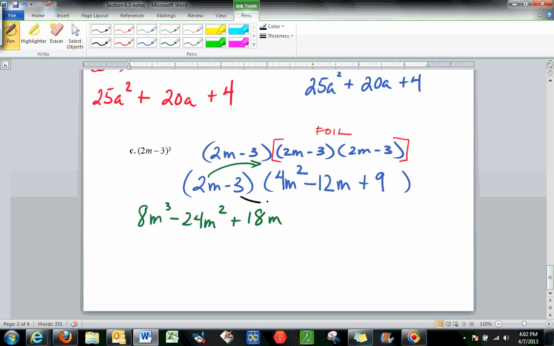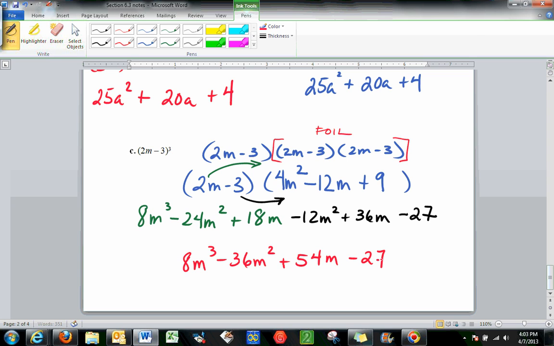Second, I'm going to distribute the negative 3 to everything, which is going to give me negative 12m squared plus 36m minus 27. Now we have a long string of terms, and we just need to combine all of the like terms, which is going to give me 8m to the third minus 36m squared plus 54m minus 27.